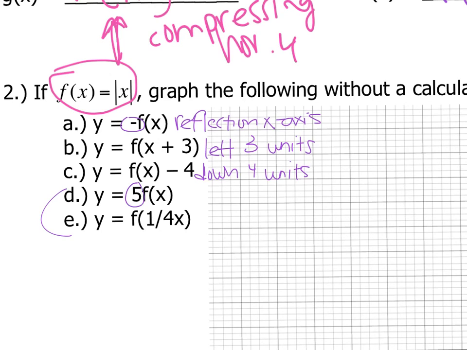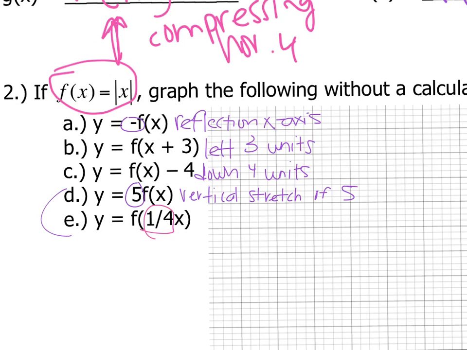The 5 on the outside is a vertical stretch. So we're changing y values. Vertical stretch of a factor of 5. And this is the one that's kind of confusing. Those horizontal ones are counterintuitive.